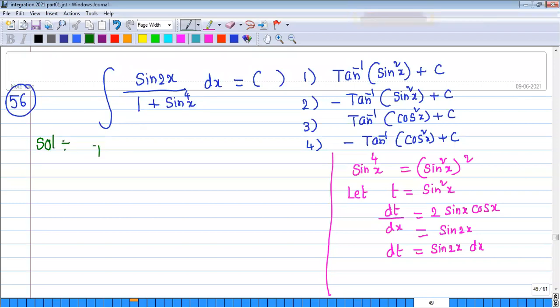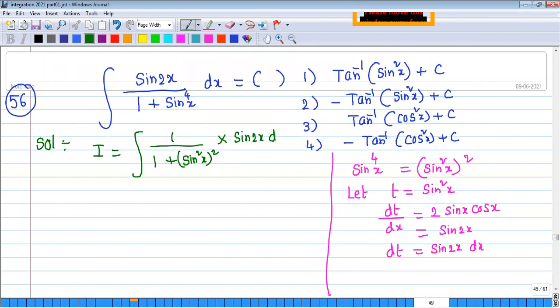Solution. This can be written as integral 1 upon 1 plus sin square x whole square into sin 2x dx. Instead of sin 2x dx, you can write dt. Instead of sin square x, you can write t.